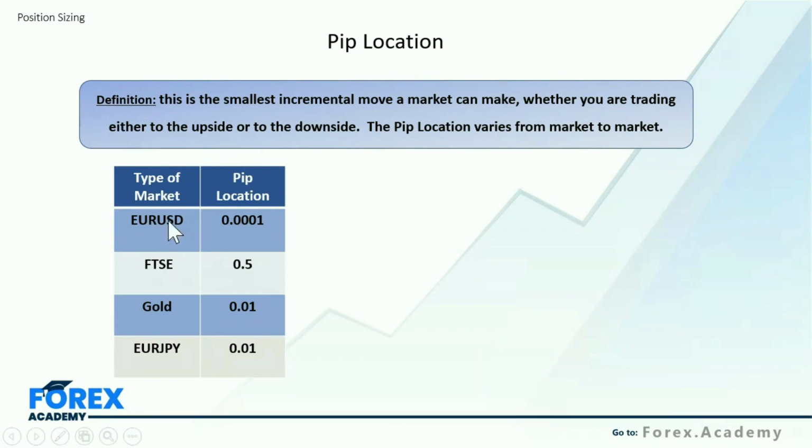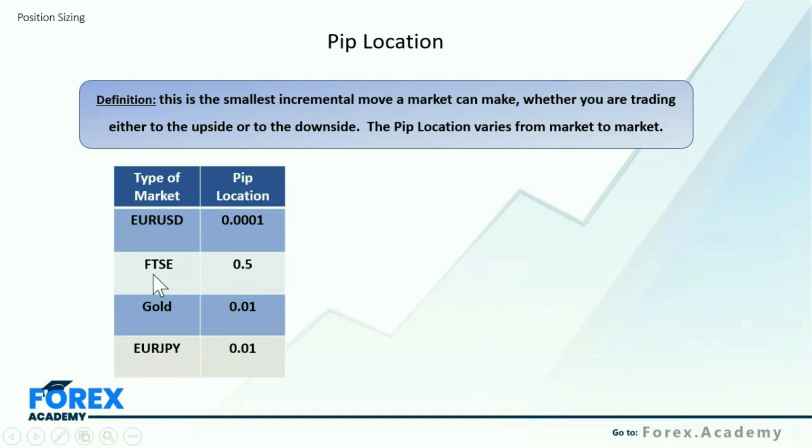But for the majority of the currency pairs, you will notice that the pip location for each of those is to the 4th decimal place. So when we talk about the smallest incremental move in the euro dollar, it's 0.0001.